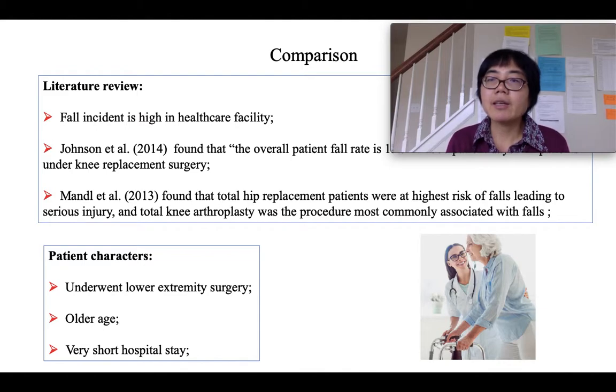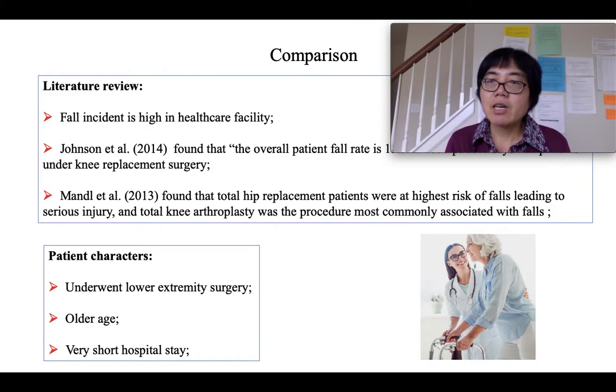Comparing to my patient group, my patients undergo lower extremity surgery, either hip replacement, knee replacement, toe amputation, or below the knee amputation. They all go through lower extremity surgery.